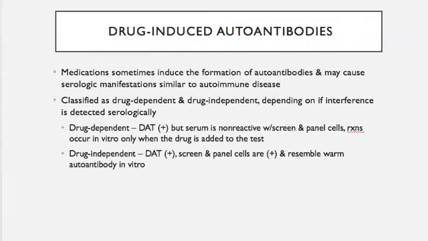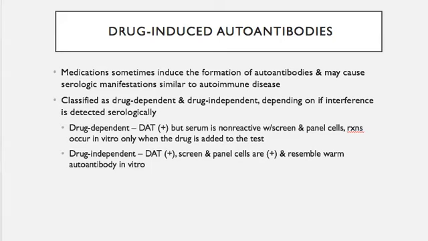For drug-induced autoantibodies, some medications can induce the formation of autoantibodies and might cause serologic manifestations that look similar to an autoimmune disease. But these are classified as drug dependent and drug independent. That depends on what interference is detected during our serology testing.